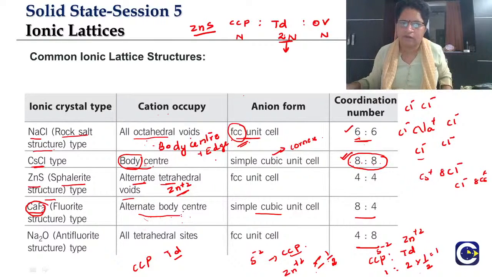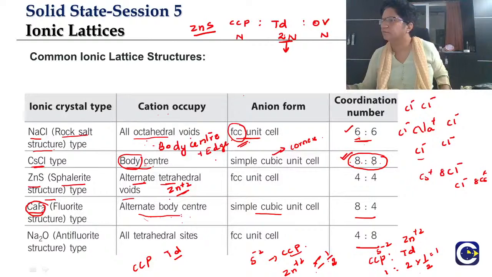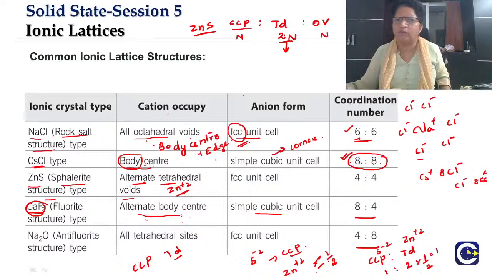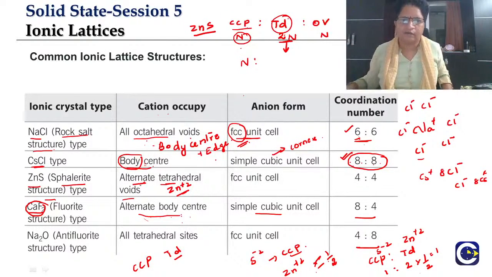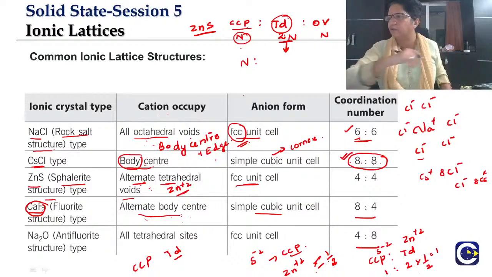Here it is only alternate, so it is reduced by half. Cubic closed pack will remain the same, it will be only n, when I am talking about the complete crystal lattice, wherein the tetrahedral voids are double the number. Here they have given that only the tetrahedral voids are changed, but not this one.